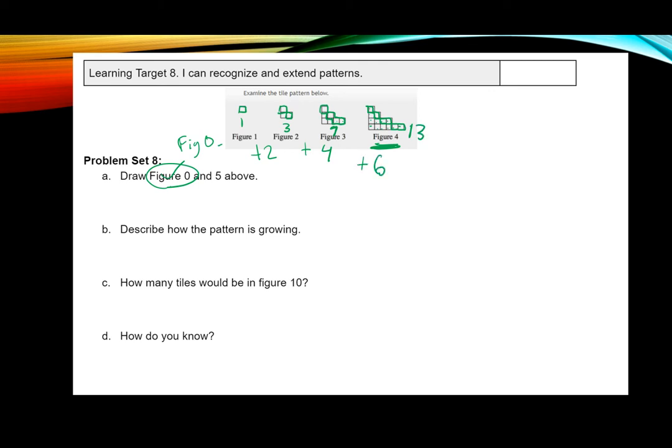So we're increasing by 6. Okay, so it looks like we are increasing by 2 each time from the first figure, right? Plus 2, plus 4, plus 6. But as far as the numbers we have here, 1, 3, 7, 13, it's not really a clear pattern. But I can go ahead and draw the 5th one since I know we're going to increase by 8.